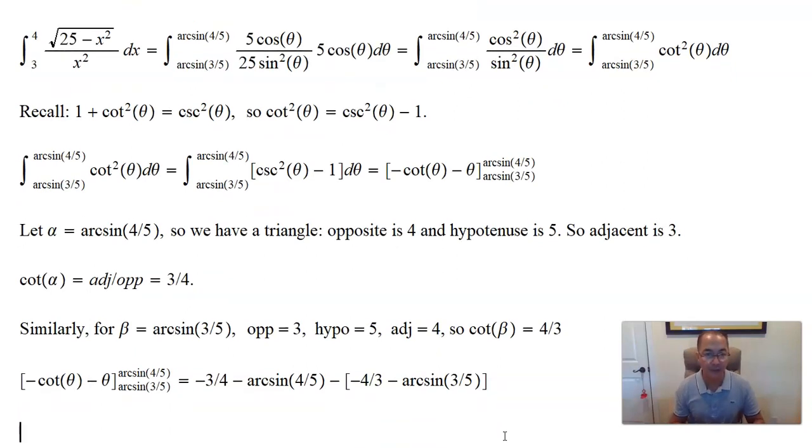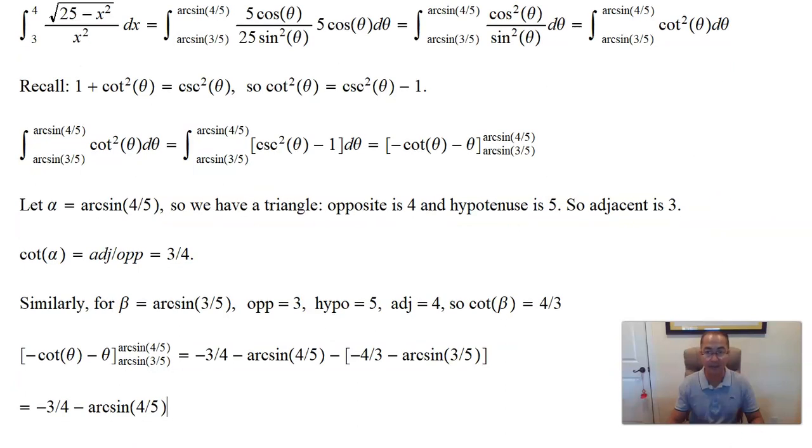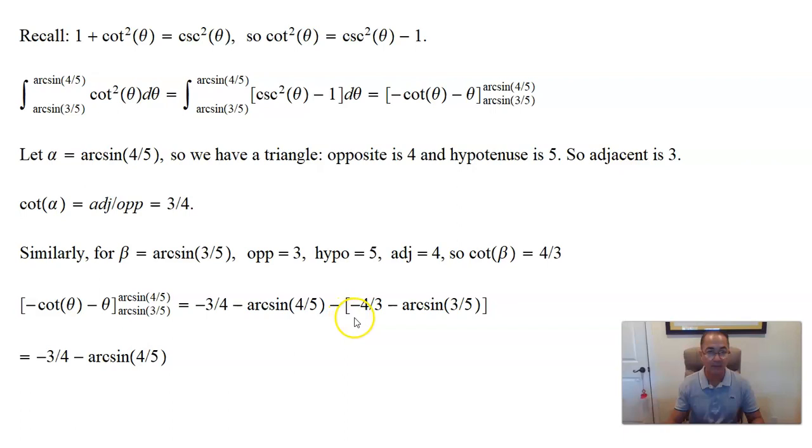So we just need to clean this up now. The first part doesn't change. You do have minuses there, and again, those minuses bite. So be very careful. Minus 4/3 is plus 4/3, and minus arc sine is plus arc sine of 3/5.